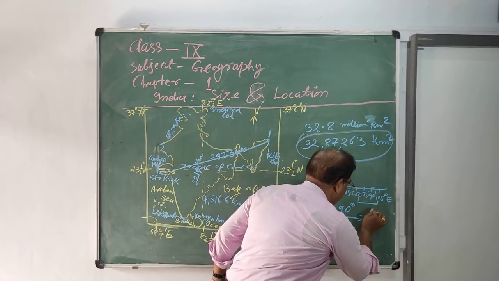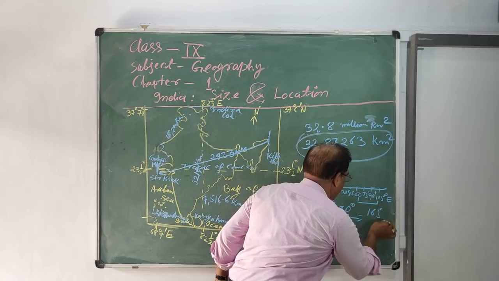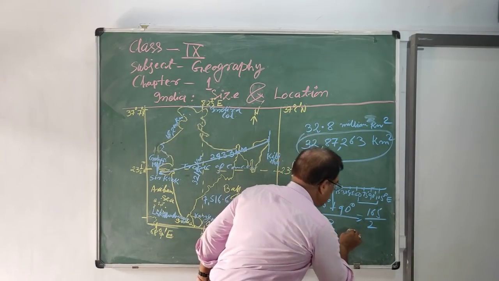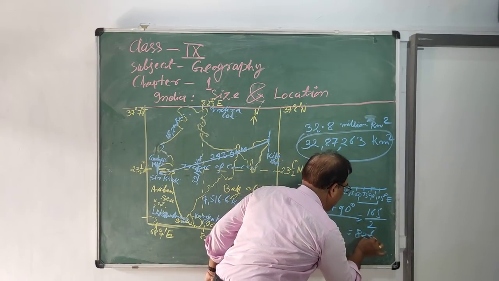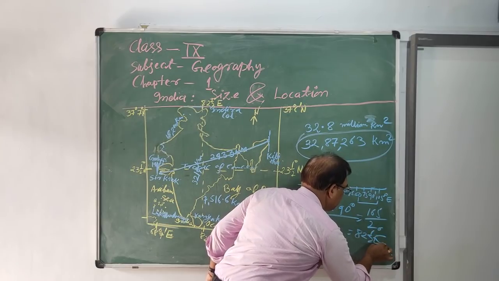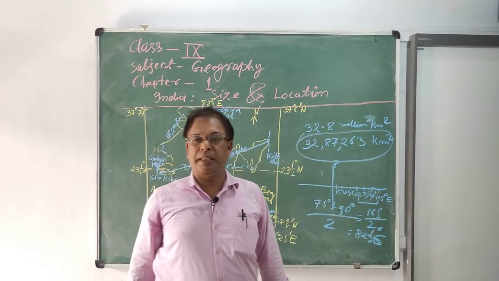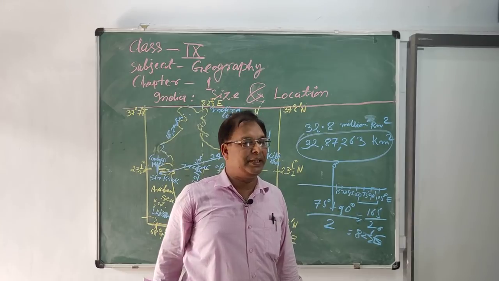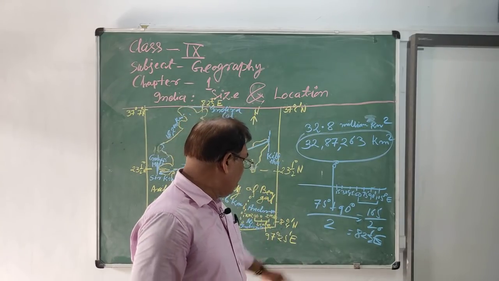Therefore, you can say 165 by 2 is equal to 82.5 degrees east. So, it is the calculation of the standard meridian of India.